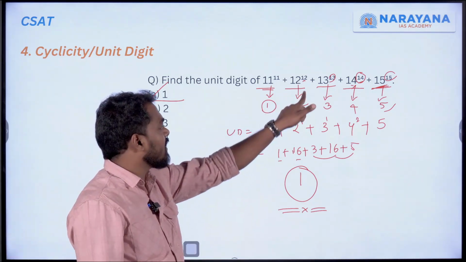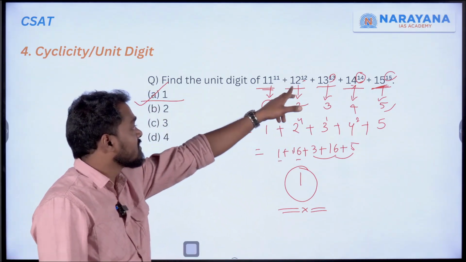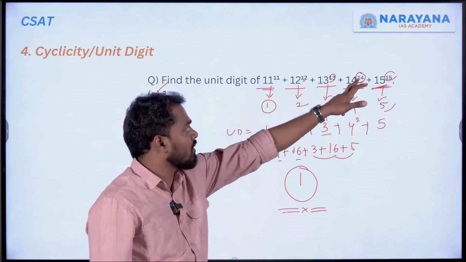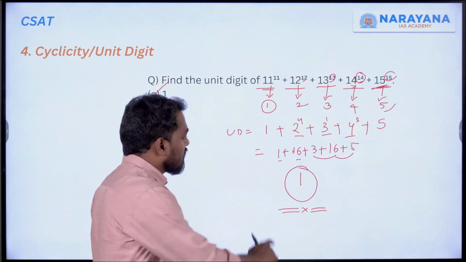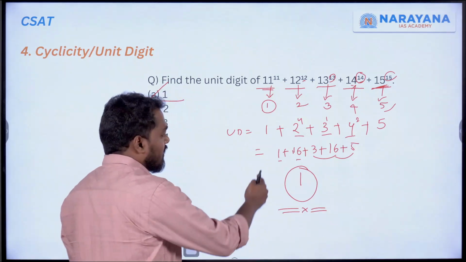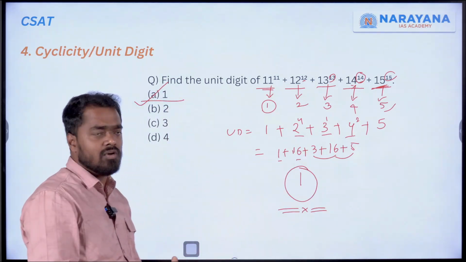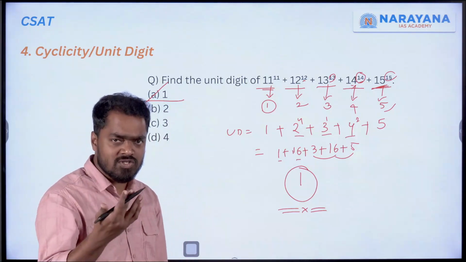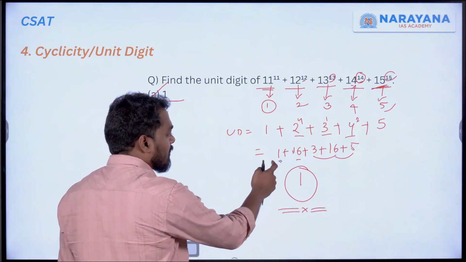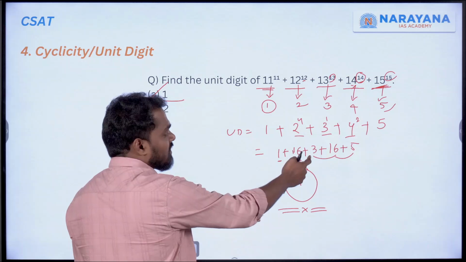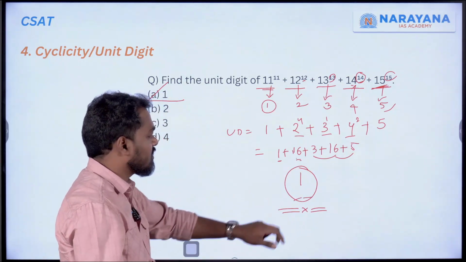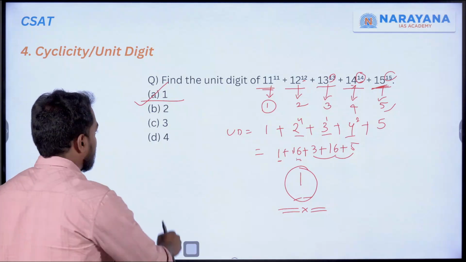So here take the remainder, that is 4, remainder is 0, so 2 to the power 4, remainder is 1, 3 to the power 1, remainder is 2, 4 square. You have to take the sum. Again in sum you don't have to take the entire sum, just take the sum of the unit digits, because you just need the unit digit. So 1 plus 6 is 7, 7 plus 3 is 10, 10 means 0, 0 plus 6 plus 5 is 11, so that is nothing but 1 is the unit digit.